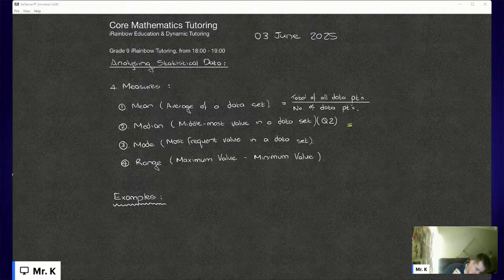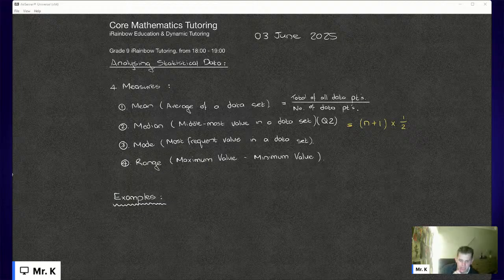We would say we are going to take the number of terms in the data set plus 1 multiplied by a half. The mode is something that we don't calculate but rather identify, and we know that the range is the maximum value minus the minimum value.